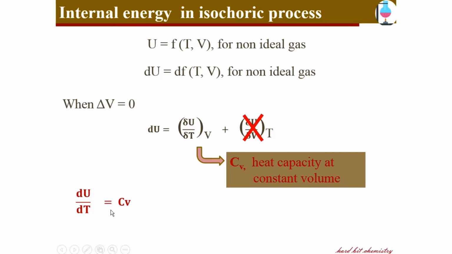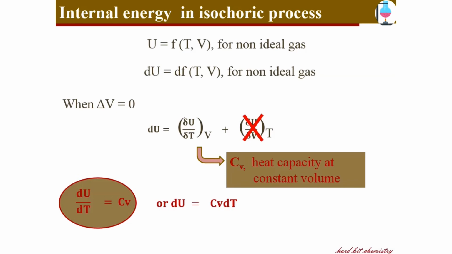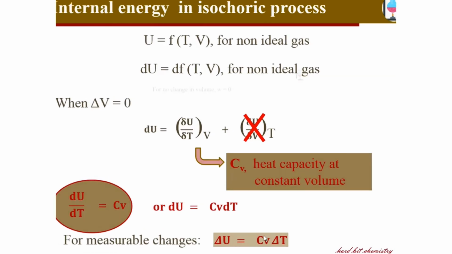We will see the real meaning of heat capacity in the upcoming slide. You can obtain that the small change in internal energy can be written as the product of change in temperature and heat capacity of the system, and for a measurable change, delta U, the change in internal energy during the whole process, can be expressed as the change in temperature during the process multiplied by the heat capacity of the system.